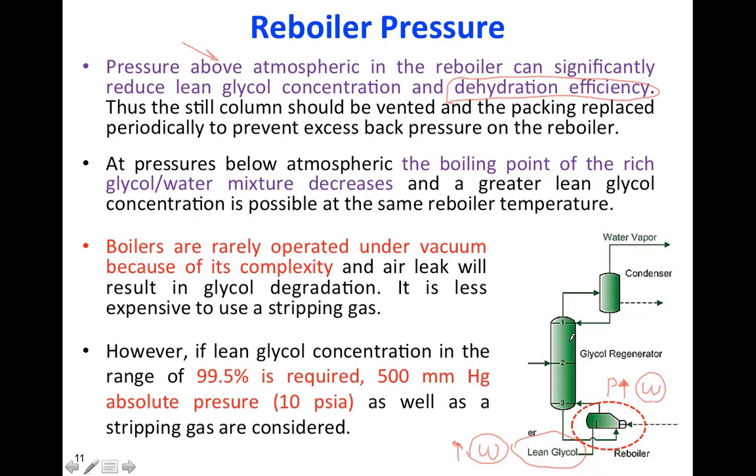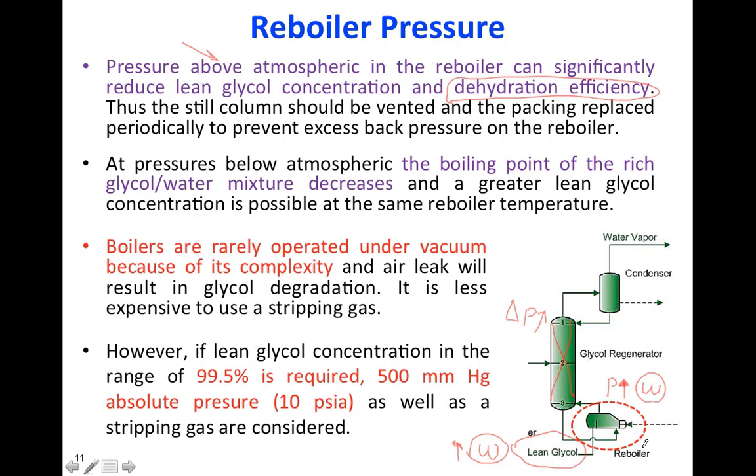Another issue is that this distillation column can sometimes be a packed bed, where we use packing. If the packing is blocked by some impurities or solid particles, it can produce a big pressure drop.